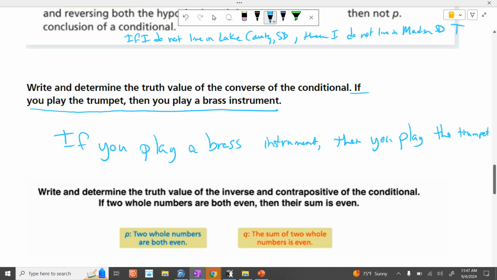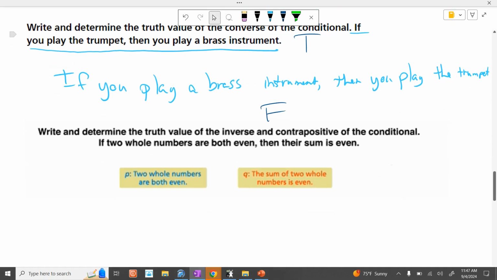True or false? False. The original statement was true: if you play the trumpet, then you play a brass instrument. But its converse is false. Now, will it always change? No. Sometimes they'll both be true.